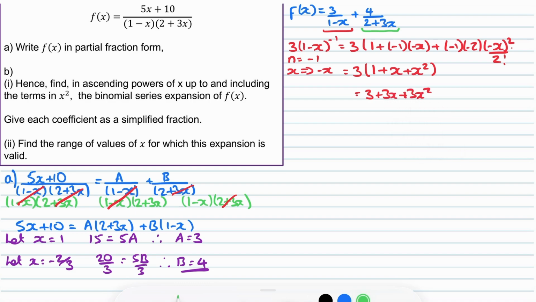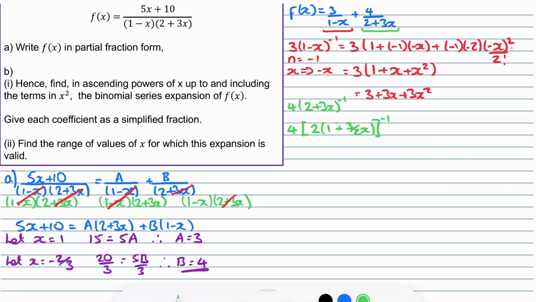And then for our second fraction, we've got 4 multiplied by 2 plus 3x to the negative 1. But to use the binomial expansion, we need this 2 term to be equal to 1. So we need to factor out the 2. So we'll have 4 multiplied by 2 lots of 1 plus 3 over 2 x, all of that raised to the negative 1.